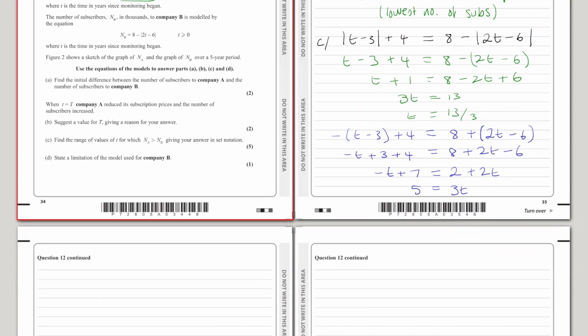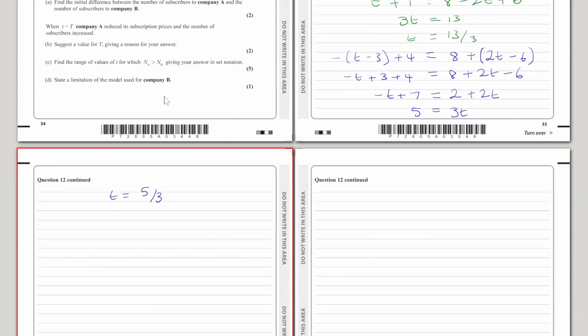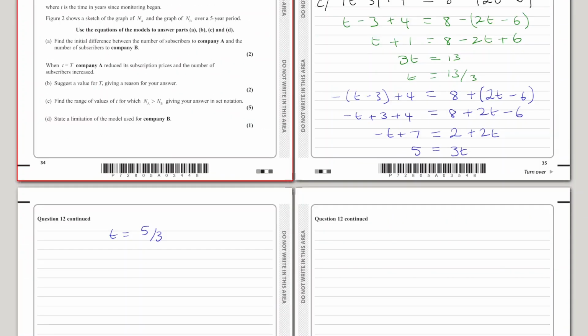So t equals 5 thirds. So where is A greater than B? It's where it's less than 5 thirds and bigger than 13 thirds. So set notation: t is less than 5 thirds, and it's the union of when t is less than 5 thirds and when t is greater than 13 thirds. So that's our set notation.